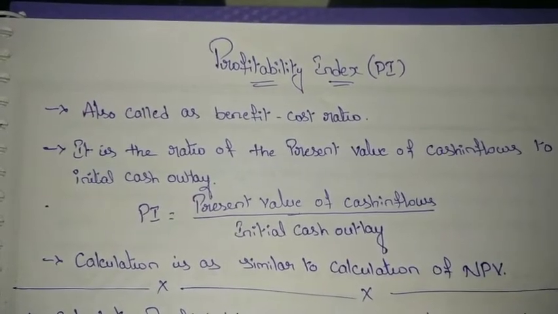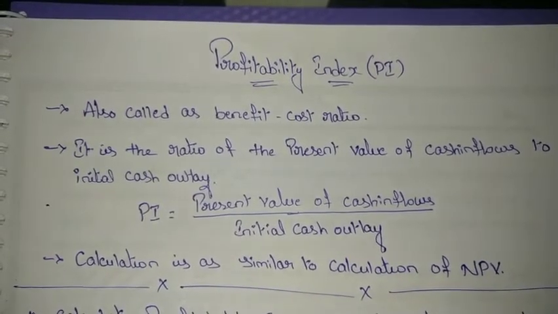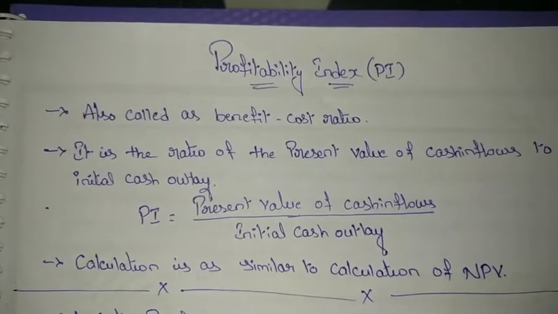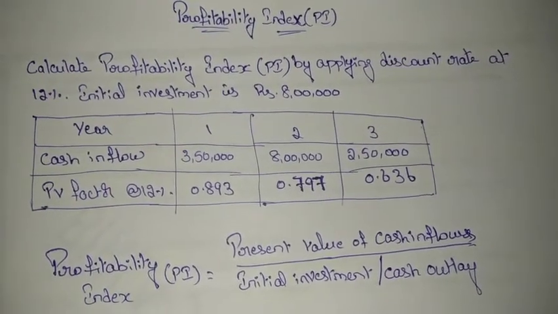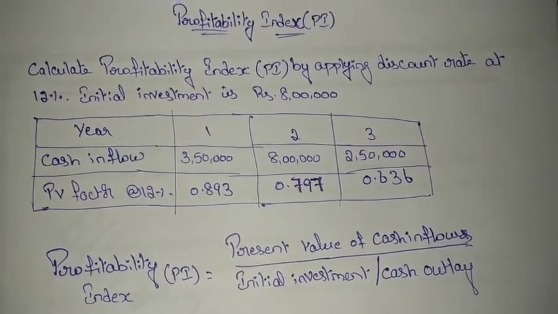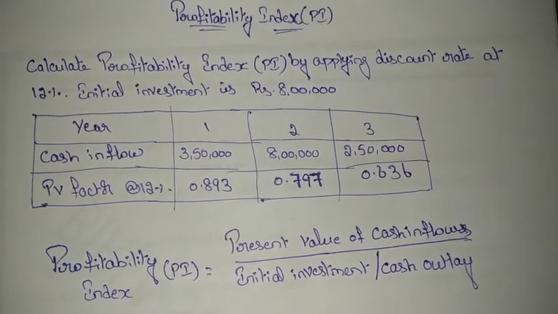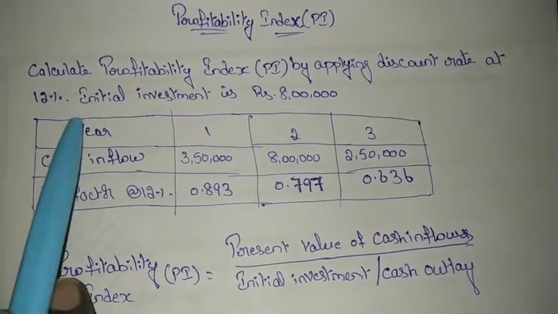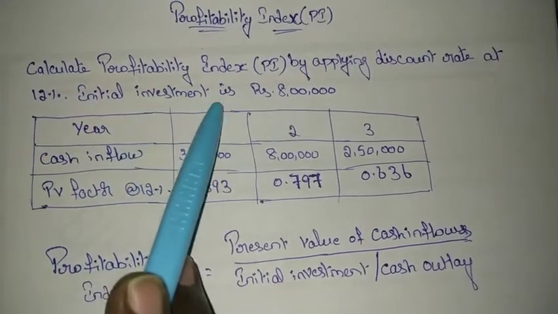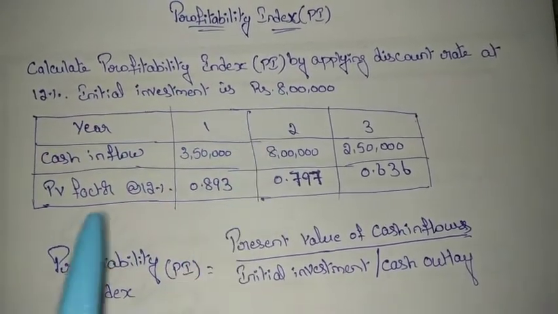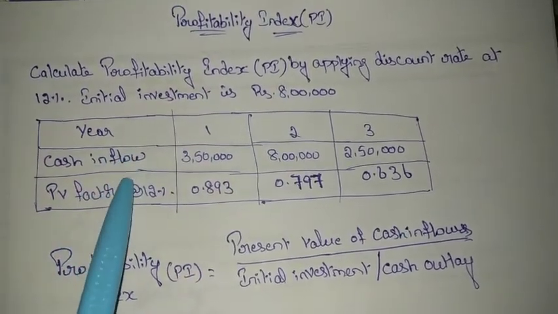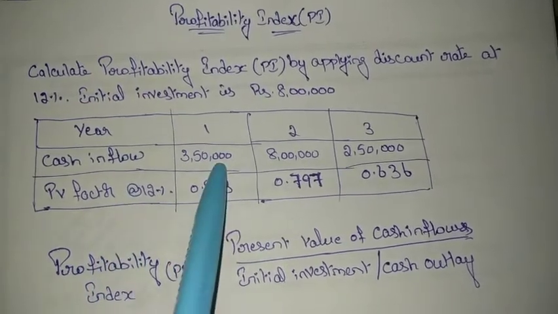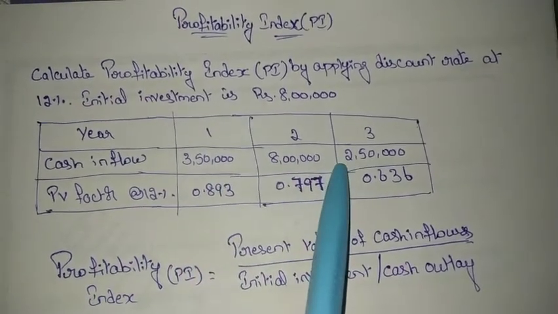So let us see the calculation of profitability index with an example. Calculate profitability index by applying a discount rate of 12%, and the initial investment is rupees 8 lakhs. They have given the cash inflows and PV factor at 12% for the time period of 3 years.